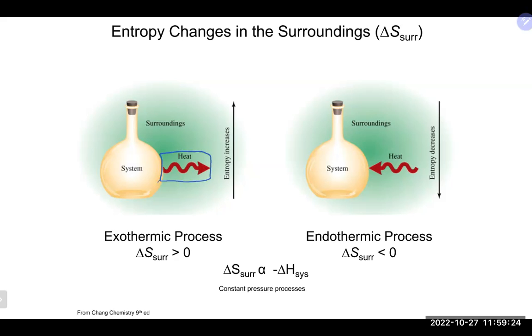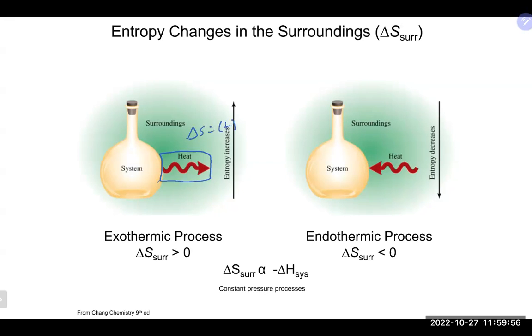When the surroundings pick up that heat and energy, everybody in the surroundings gains that energy, which means they are going to be moving around a lot faster, have more energy, and create a lot more disorder. So we should see an increase in disorder for the surroundings, which means the delta S for the surroundings should become more positive, because it's picking up that energy.